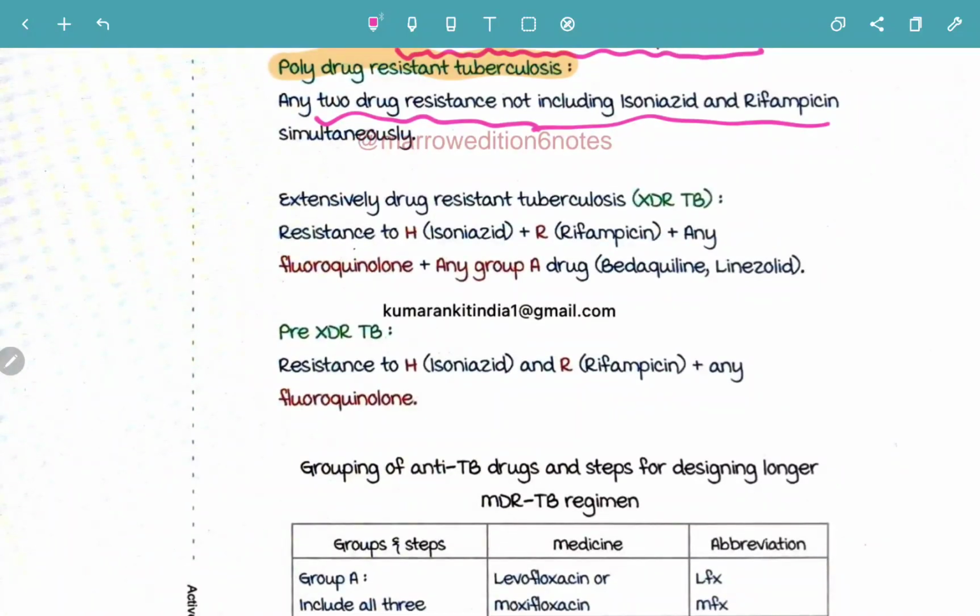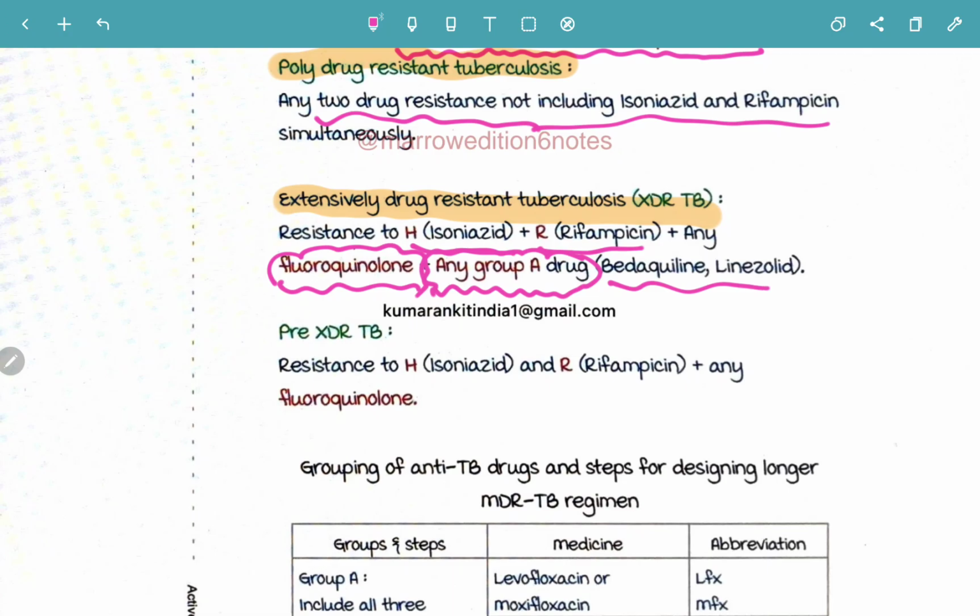What is extensively drug resistant tuberculosis? Extensively drug resistant tuberculosis means resistance to isoniazid, resistance to rifampicin, plus any fluoroquinolones, and any other group A drug. So what do you mean by group A drug?